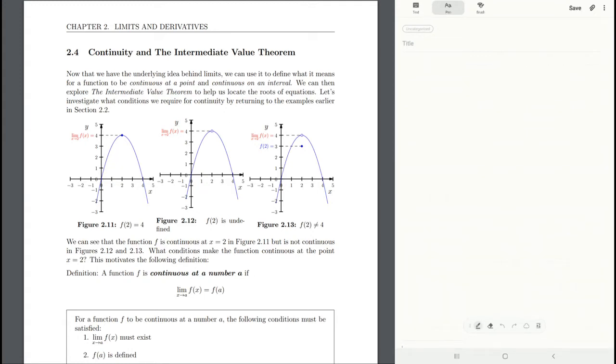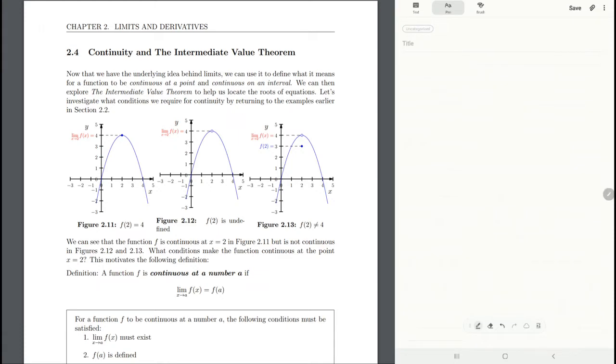Now, the way that we define a continuous function in this course is going to be very similar to the everyday use of the word continuous. If you think about a process that is continuous, you might think of something that has no gaps or has no breaks.